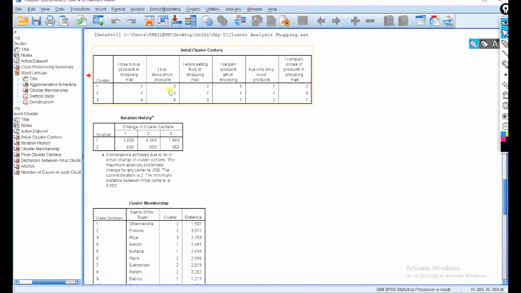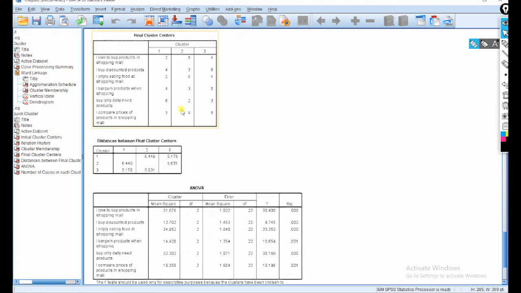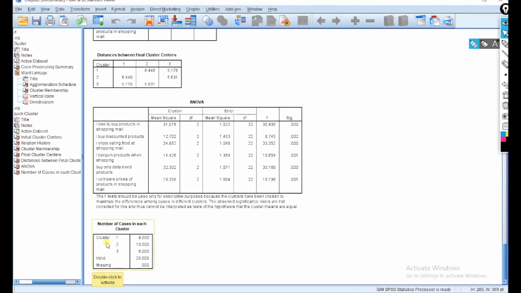There are 6 attitudinal questions. One is I love to buy products in shopping mall. How many people are in cluster 1? We can see from this: in cluster 1 9 people, in cluster 2 10 people, and cluster 3 6 people.